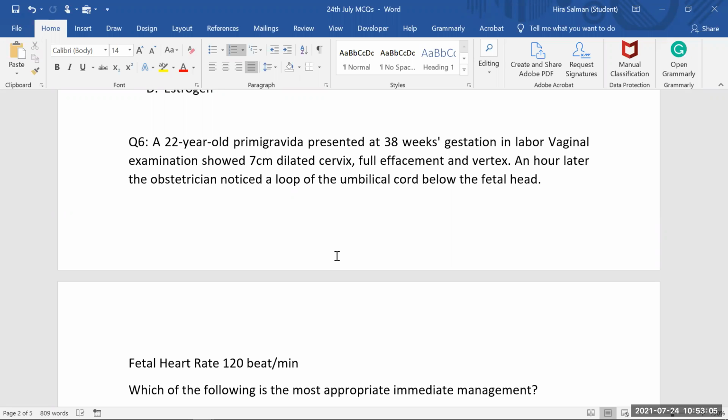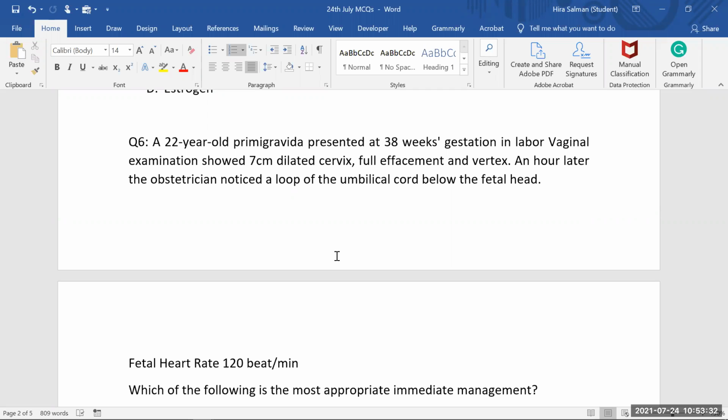It should come out from the os. If it's behind the os, around the neck or head of the baby, or if it's a breech presentation, around the foot of the baby, we can say it's just a presentation. But here they say pelvic wall, and pelvic wall means the vaginal wall. Yeah, okay, it's the vagina.